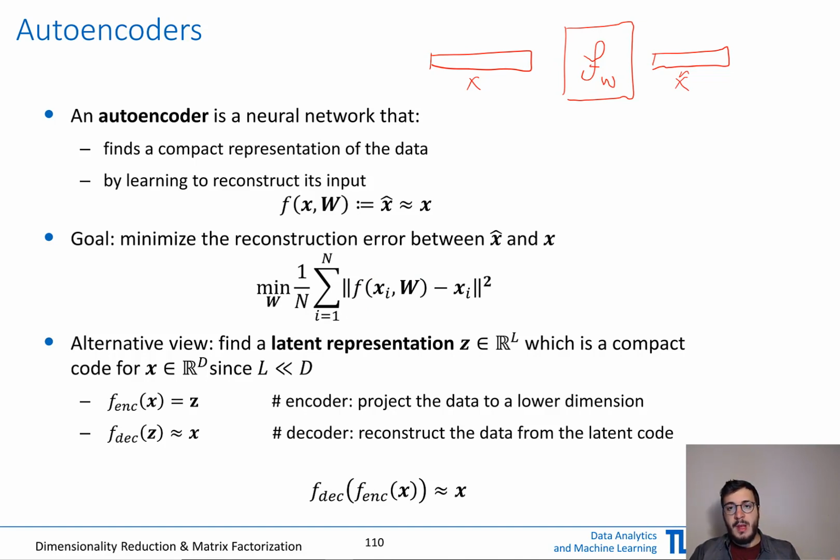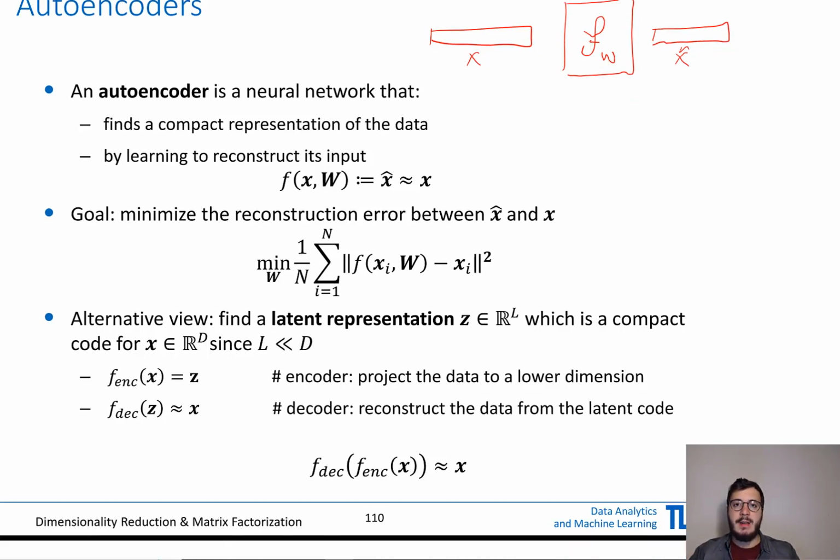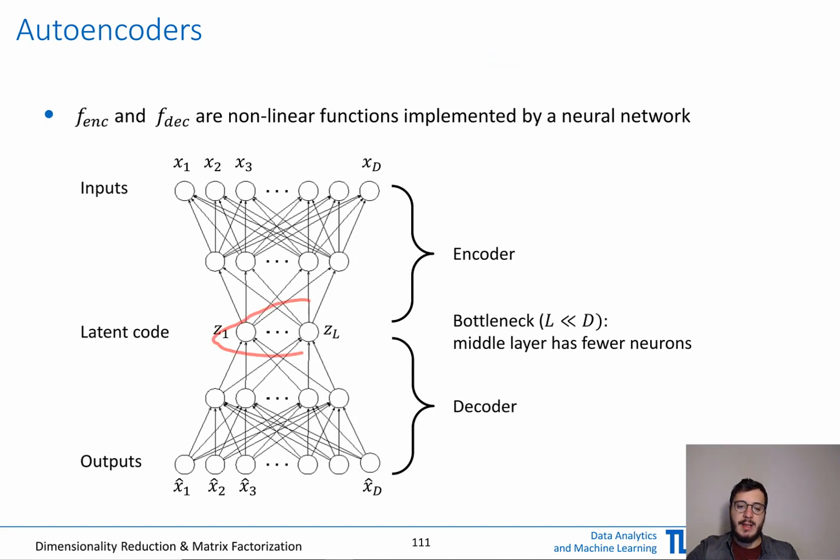And this is true. However, autoencoders have another key part which prevents this from happening. And this is the so-called bottleneck layer. Essentially, the bottleneck layer is just a set of neurons somewhere halfway in the neural network, which have a much smaller dimensionality compared to the dimensionality of the input space.